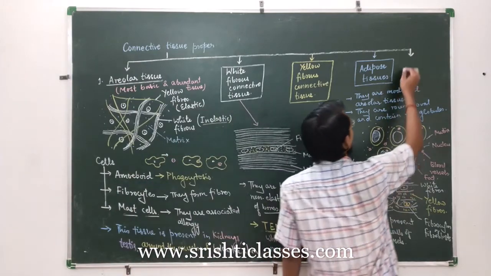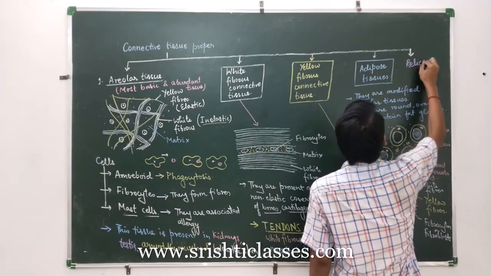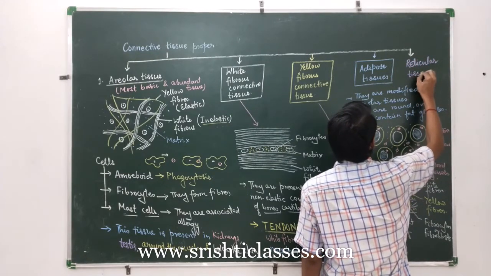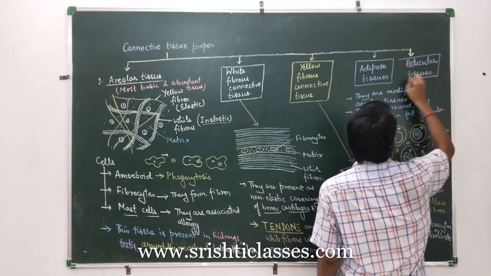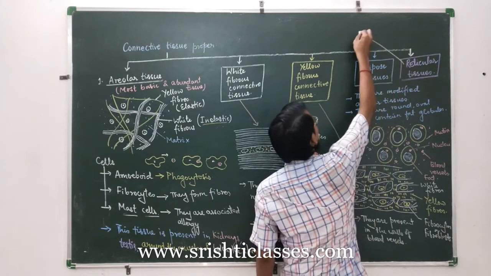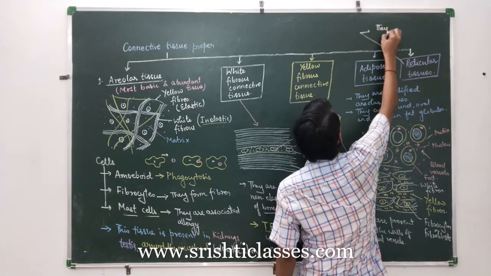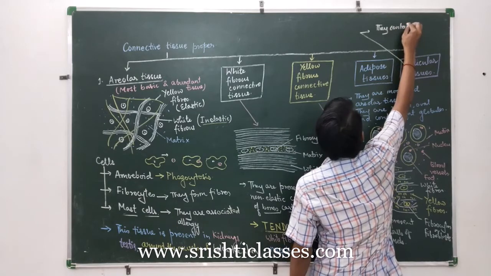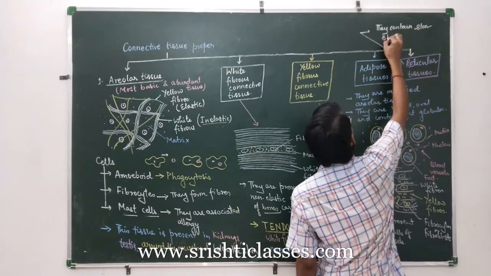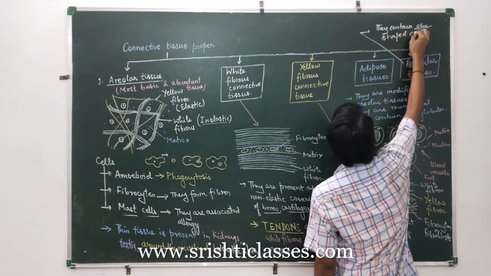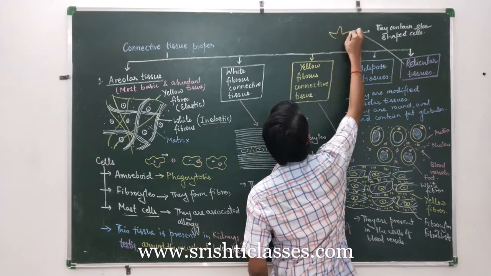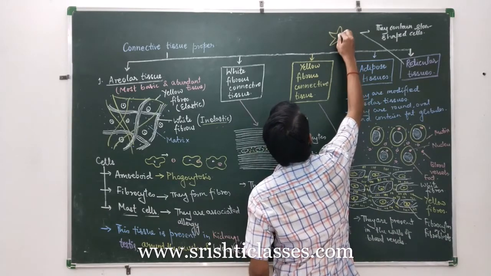The last one is reticular tissue. I have no space here, but it is very simple. Reticular tissue, I will write it here. They contain star-shaped cells. So the cells of reticular tissue are like this.